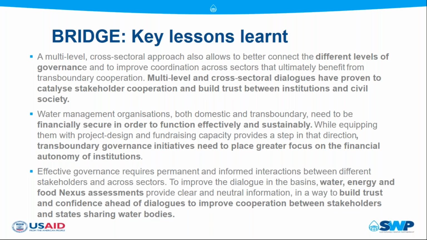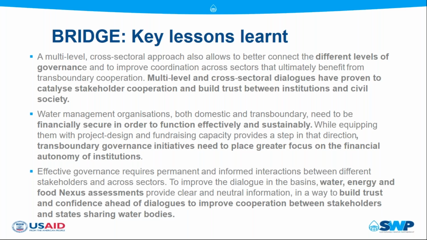Key lessons, therefore, is that, at this stage, multi-level and cross-sectoral dialogues tend to be the things that drive the greatest stakeholder cooperation and build trust between institutions and civil society. Keeping transboundary water governance just within water institutions doesn't actually lead to the optimal outcomes.